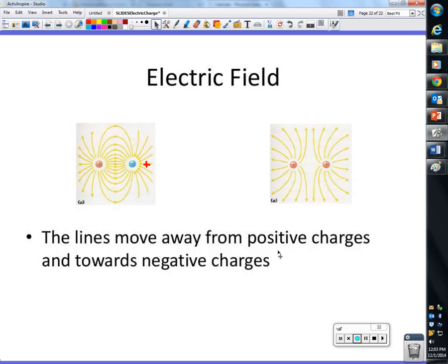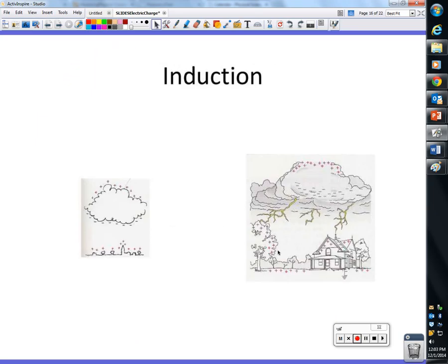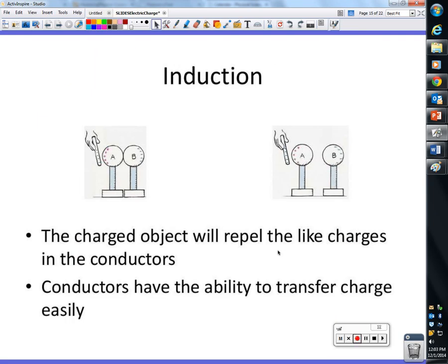With induction, I kind of went over it quick at the beginning today. When you have induction, you have a separation of the charges. Let's go back to that picture so we can reference it again. In this, technically those charges are separated. Positives over here, negatives over here, but if you count the actual number, there's the same number, right?